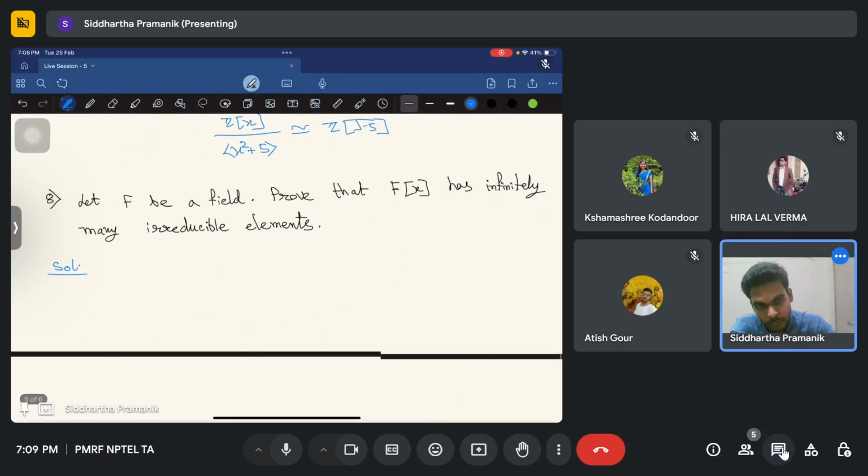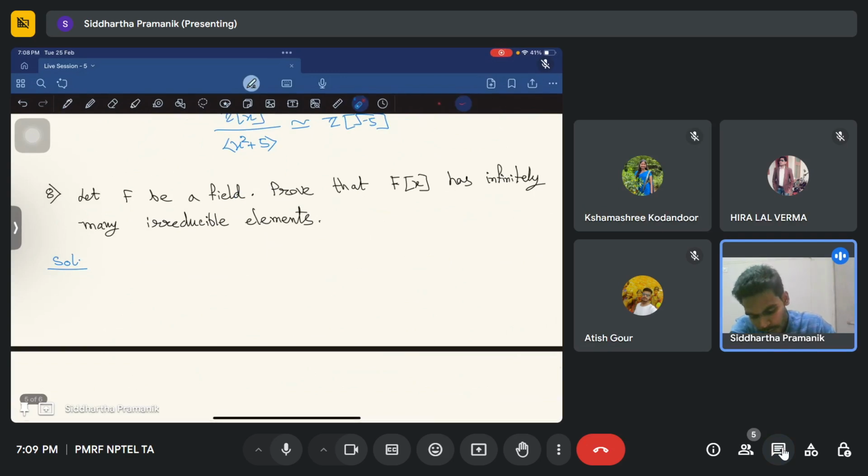If you take this field to be an infinite field, then this problem is very easy to prove, right? So if F is an infinite field, can you see why?